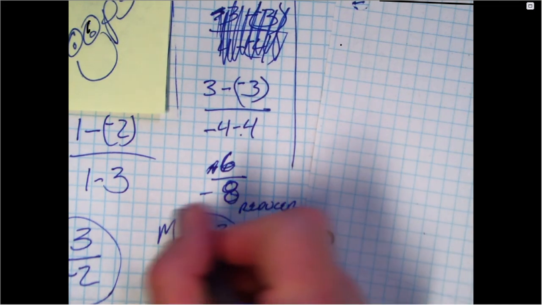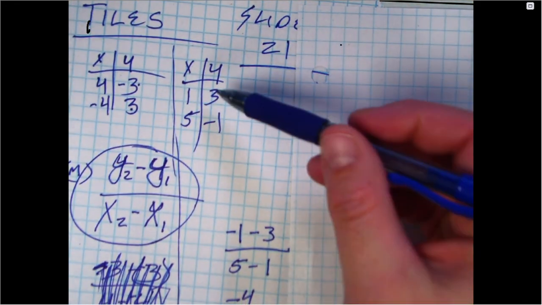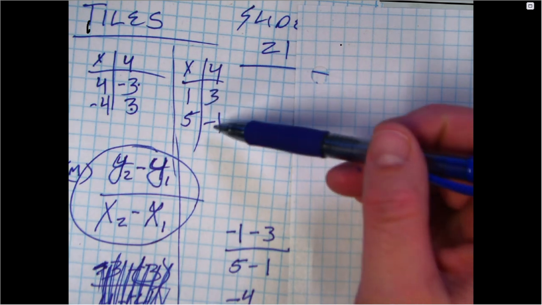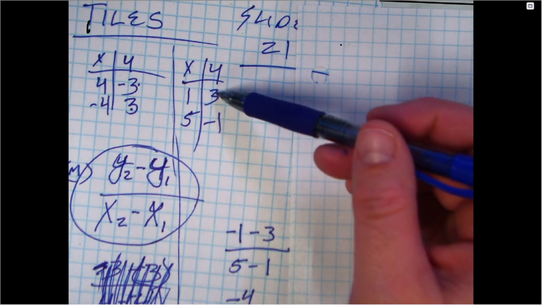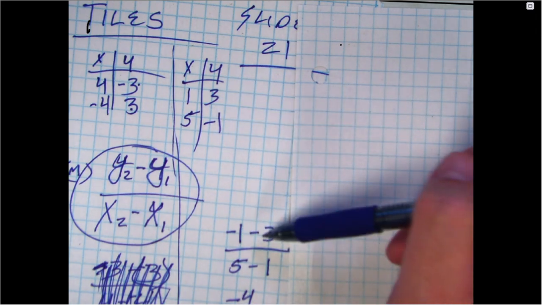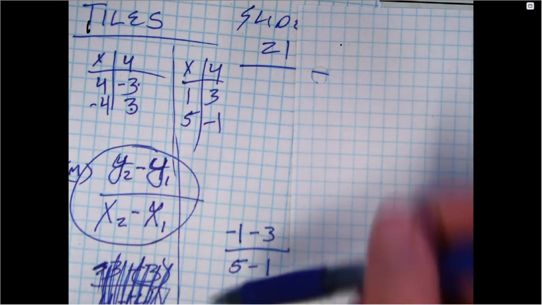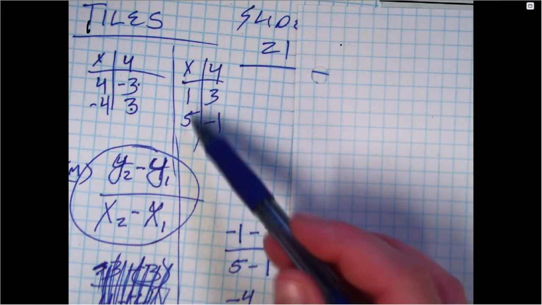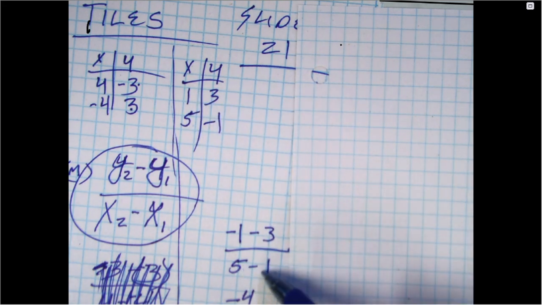Okay, again, we're going to hold on to that one for a second while we do this last one. So the last one is negative 1 minus 3 over 5 minus 1.